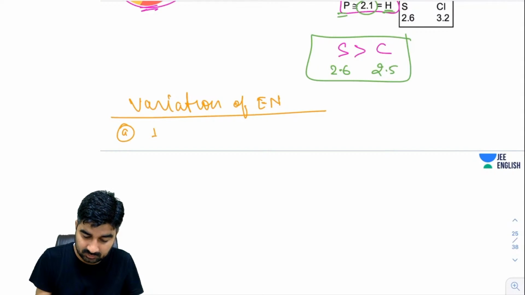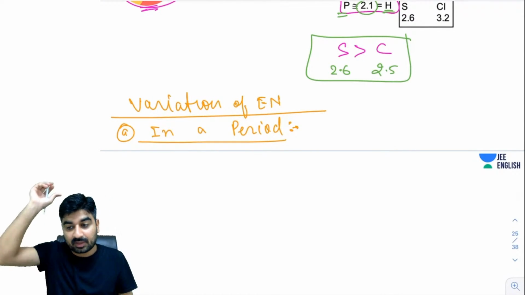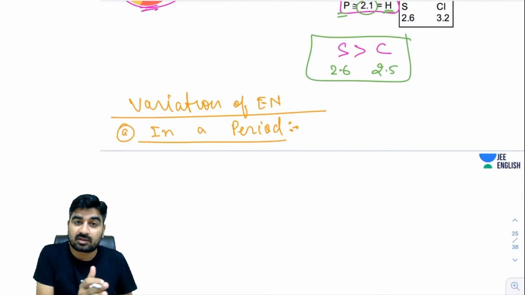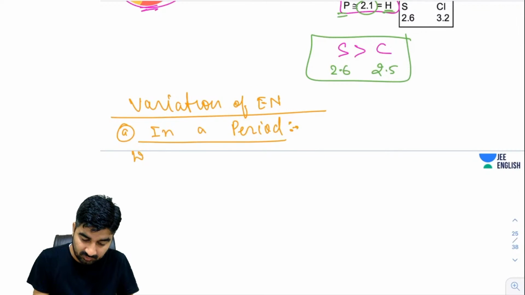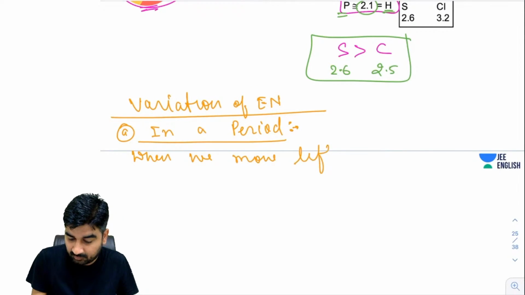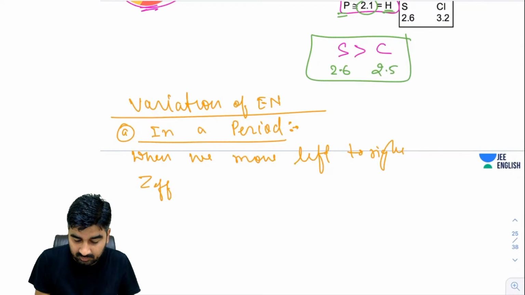So point number 1, in a period. When we are talking about a period, it means we are moving left to right. When we move left to right, what will be the effect on Z effective?